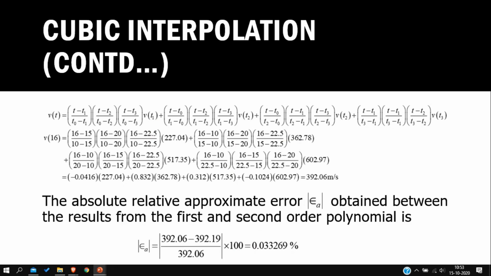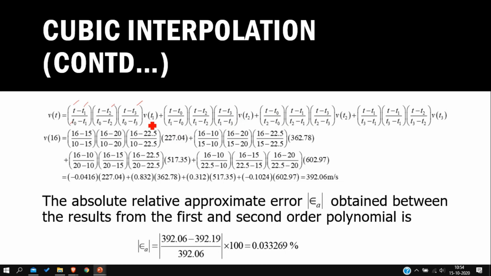Then we substitute those values in the polynomial. So here it is v of 16. t is 16, t1 is 15, t0 is 10, t2 is 20 and t3 is 22.5. v of t1 is the y value corresponding to t1.